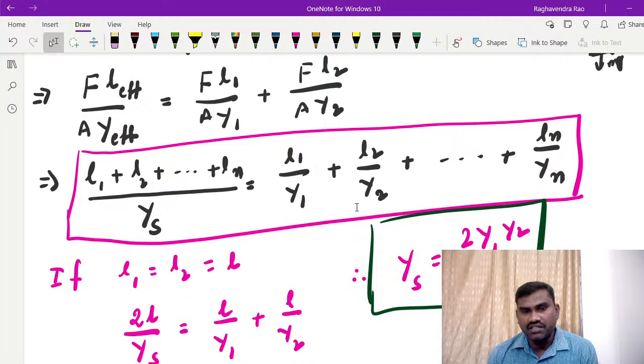So in series combination, effective Young's modulus is equal to 2Y1 Y2 by Y1 plus Y2 when two different wires of equal length are connected in series.